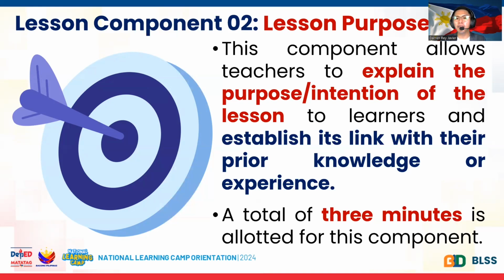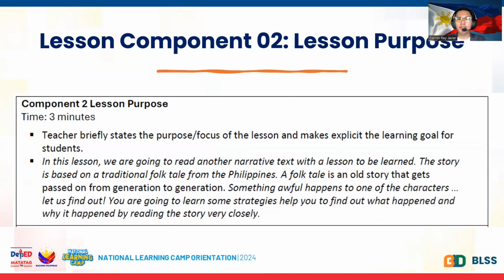So the teacher has the flexibility to adjust the minutes designated per component as long as it will not be more than 45 minutes in total. And then for example, as you can see, we have here the lesson purpose and what the teacher will do for the first bullet. And then the second bullet focuses on the skill that the teacher may use during the delivery of the camp.